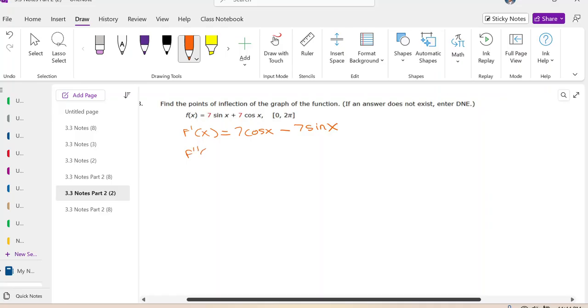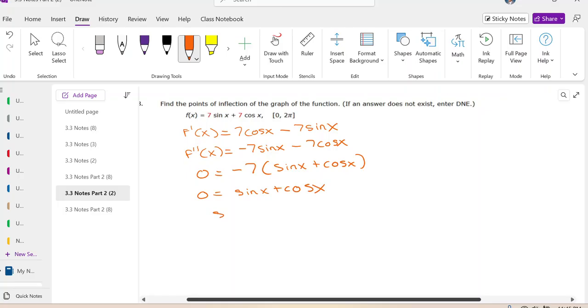Then when you take the second derivative, you get negative 7 sine x minus 7 cosine x. So when you set the second derivative equal to 0, you get negative 7 times sine x plus cosine x equals 0. So basically 0 equals sine x plus cosine x.